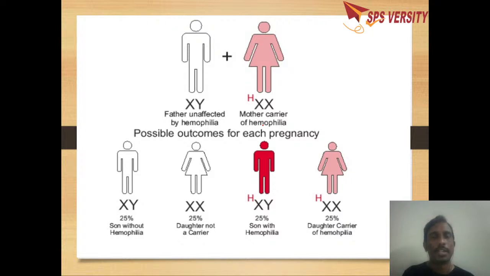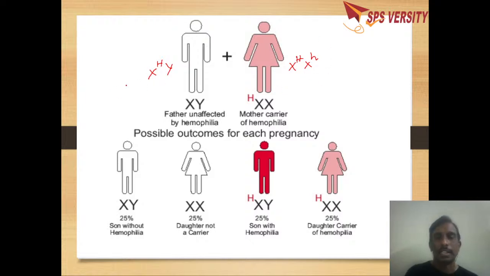So here you can see. Father unaffected by hemophilia. That means you can write the genotype for this is X capital H Y. Mother carrier of hemophilia, X capital H, X small h. Now do the crossing between them. What gametes will we get here?